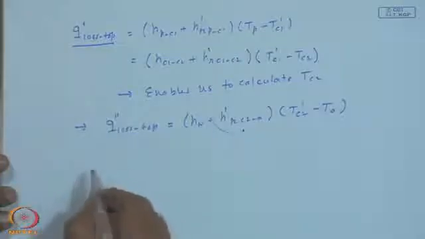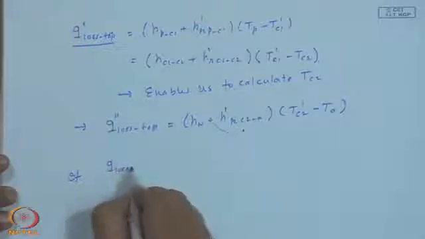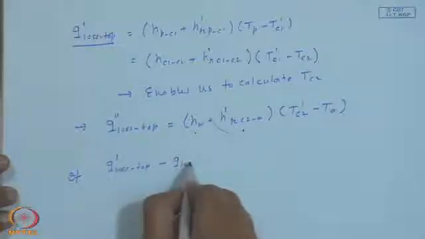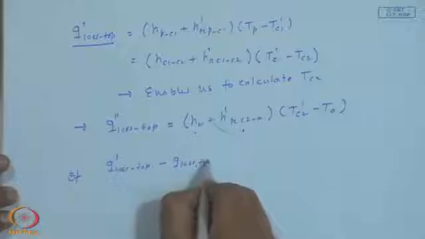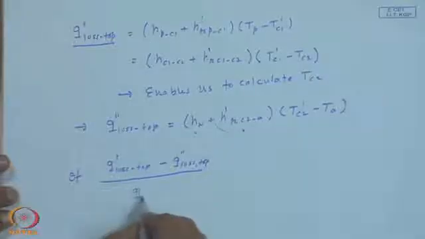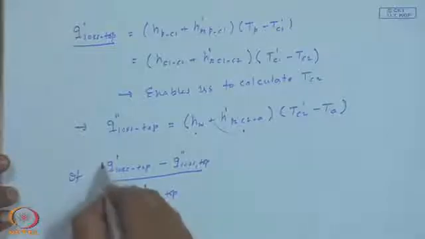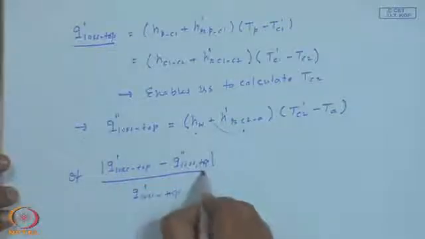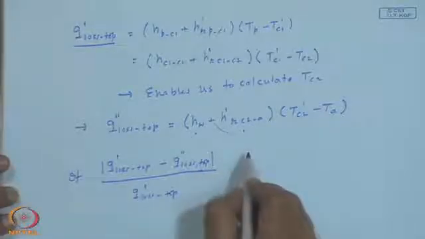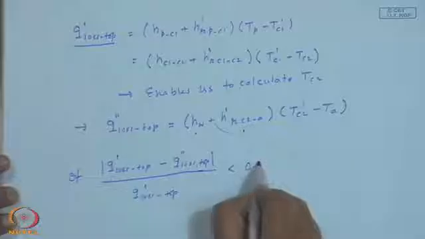So, I compare these two, and if we have Q loss top 1 minus Q loss top 2, by any one of them, in fact it does not matter when they converge. Here I put a modulus sign, so that we really do not know whether Q loss top 2 is higher or less, but our idea is, let us say this should be less than 0.05.